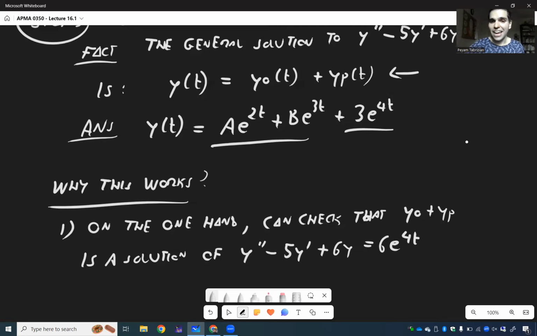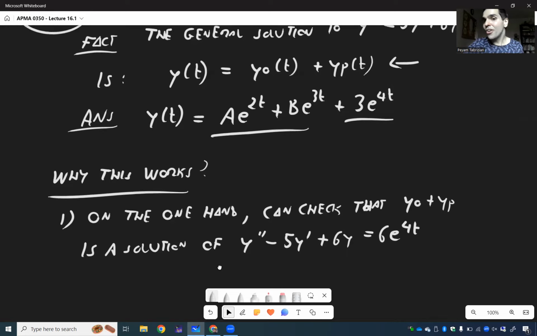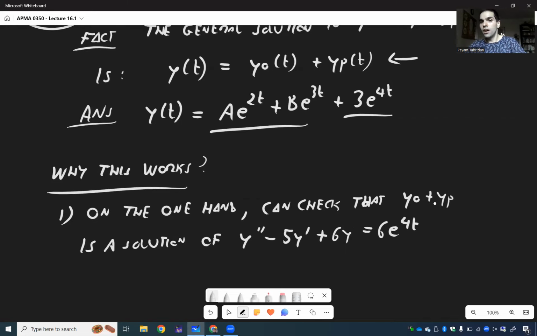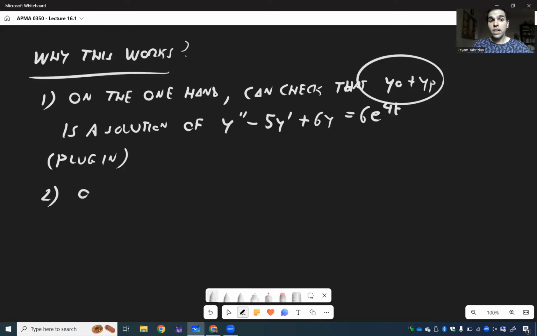This is left as an exercise to the viewer. All you need to do is plug y0 plus yp into the ODE.